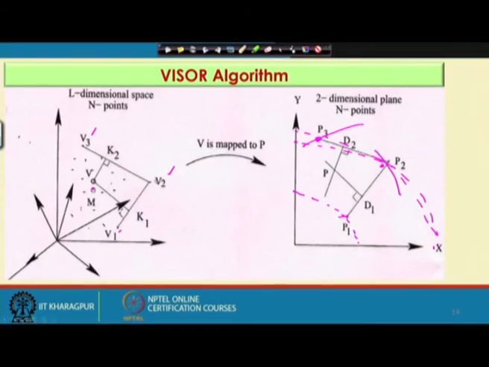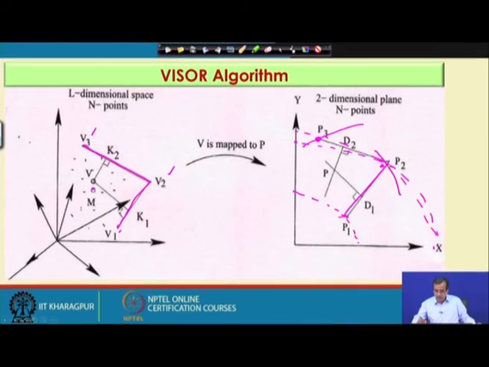Now, once you have got this, how to proceed? In higher dimension, we join V1 and V2 by a straight line like this. Similarly, V2 and V3 are joined by another straight line. The same thing we do in lower dimension: we join the line between P1 and P2 like this, and the line between P2 and P3 like this.